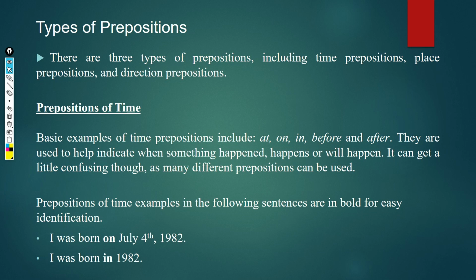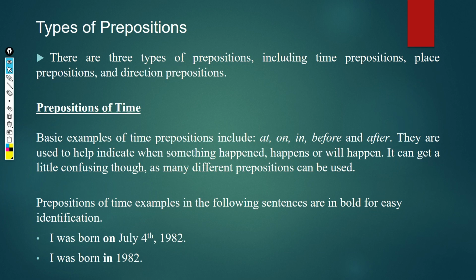Basic examples of time prepositions: what are those interconnecting words? At, on, in, before and after. They are used to help indicate when something has happened or will happen. It can get a little confusing though, as many different prepositions can be used in the same way.